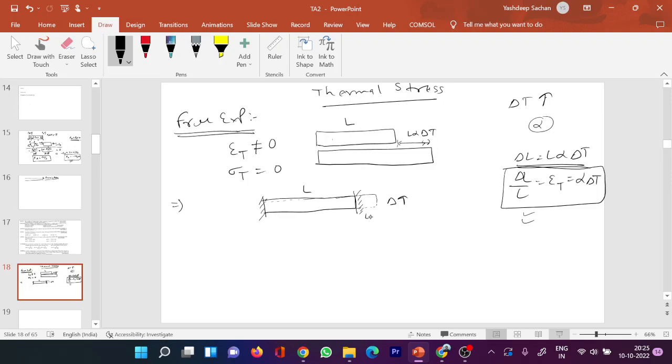Let's suppose this is L alpha delta T, but it won't be able to do so because of the supports. So strain won't be there because these supports haven't allowed it to expand. But this much strain has been restrained by the supports, right?